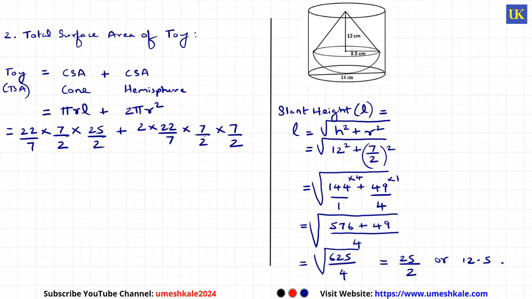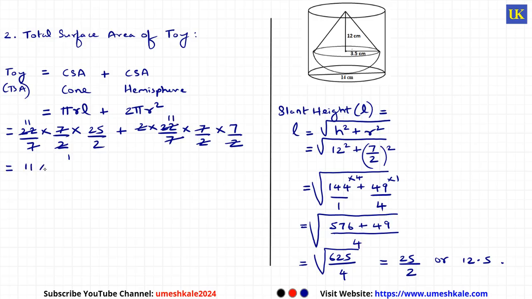So now we will cancel out the things. 7 and 7 will get cancelled, here 7 and 7 we will cancel, and 2 and 2 we will cancel, and this will become 11. So remaining things we will write now.